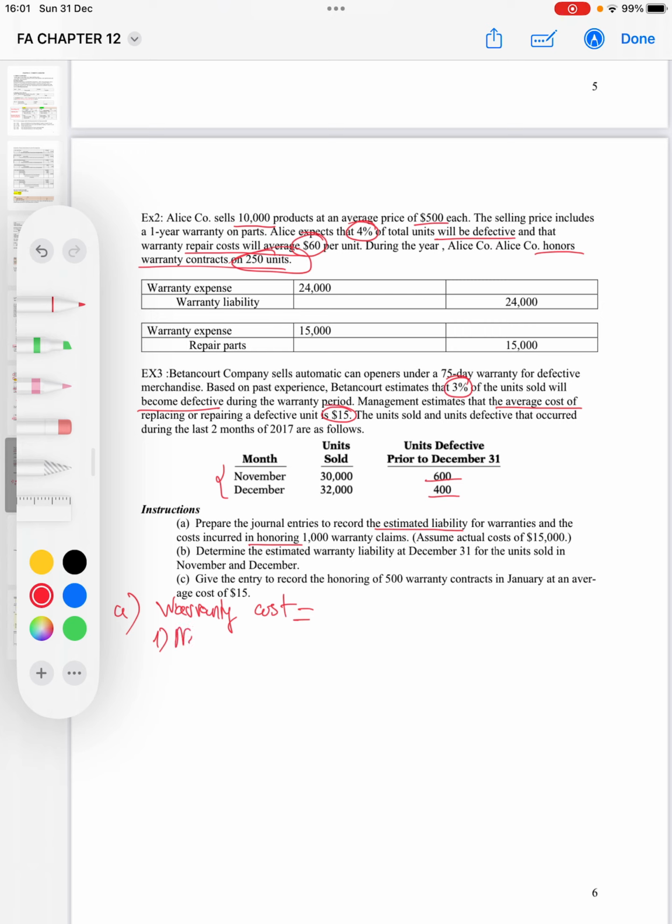First is November, and second is December. November they sold 30,000, and December they sold 32,000, and then we multiply by the 3%, the same, and then we multiply by the repair cost of $15.